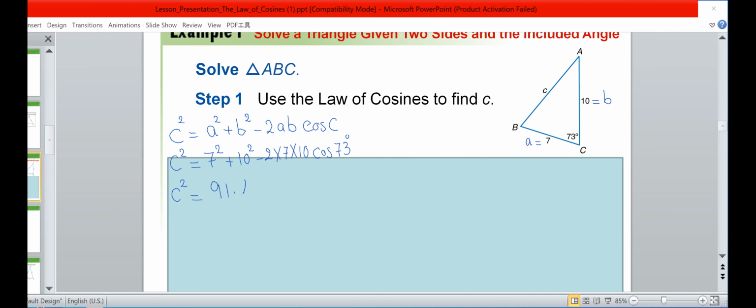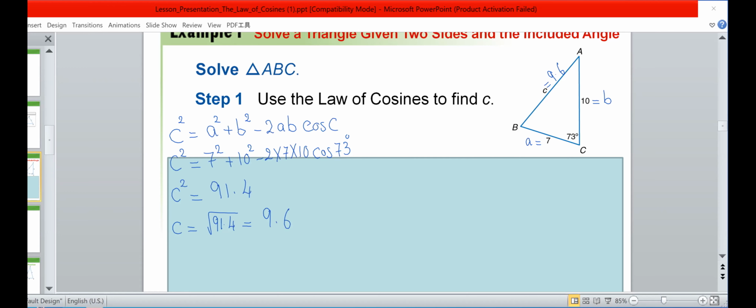This is C power 2, but I need C. I will take the square root for this answer. It will be approximately 9.6. So now you have the length of the third side, which is approximately 9.6.